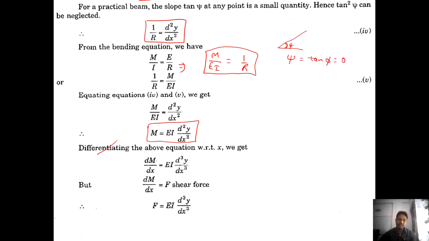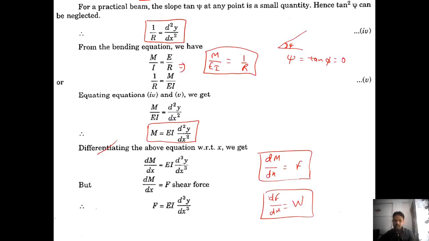In SFD and BMD we have seen the relation of load, shear force and bending moment: the rate of change of bending moment with respect to x was shear force F. Again, the rate of change of shear force with respect to x was the loading or rate of loading. These two terms we have seen in the second unit, shear force and bending moment.